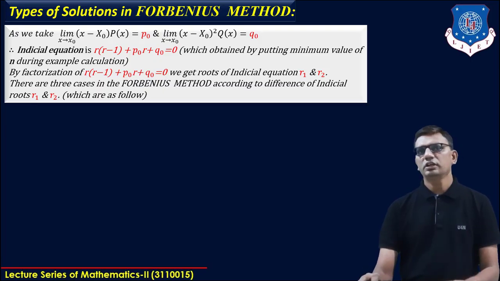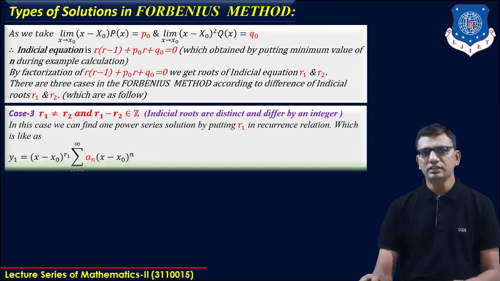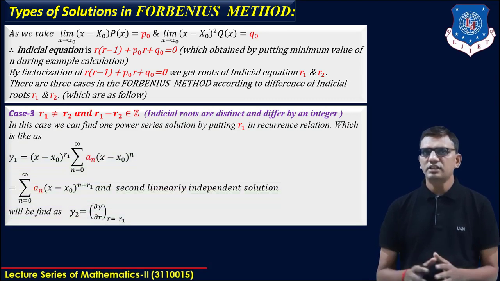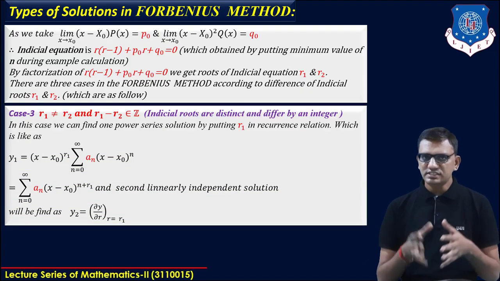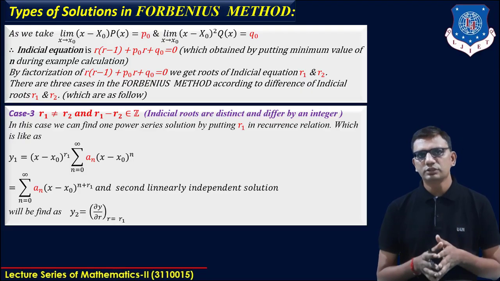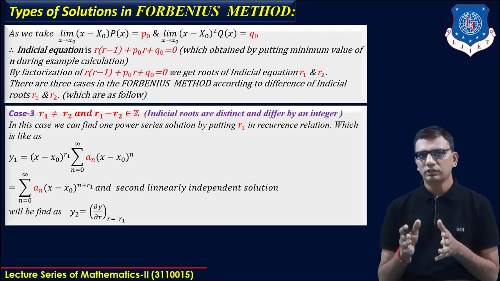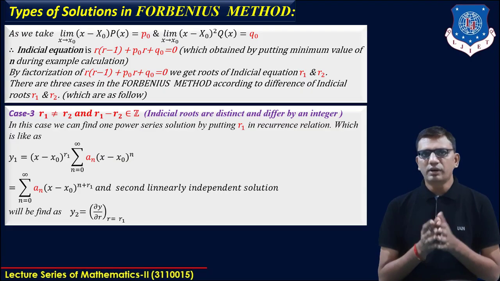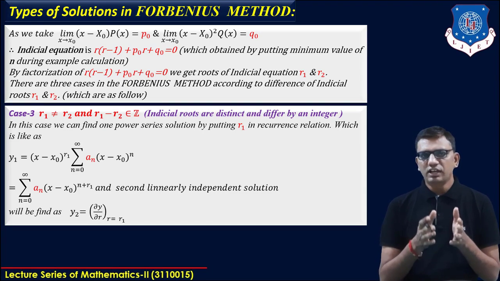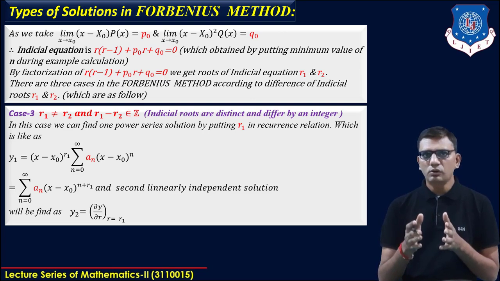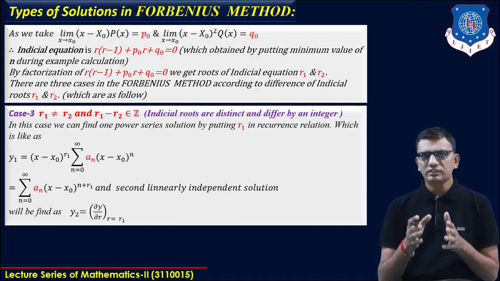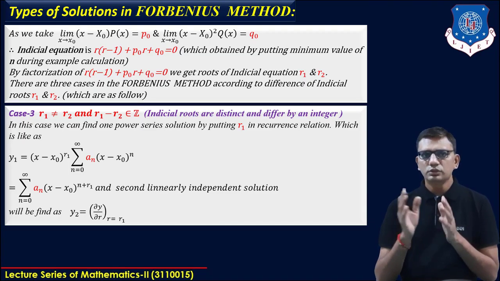Now the third case of the Frobenius series method is when the initial roots are distinct and differ by an integer. In this case, we can find one solution by putting r equal to r1 or r2 in the recurrence relation, and we get the power series solution as y1 equal to (x minus x0) raised to r1 into the sum from n equal to 0 to infinity of an (x minus x0) raised to n.